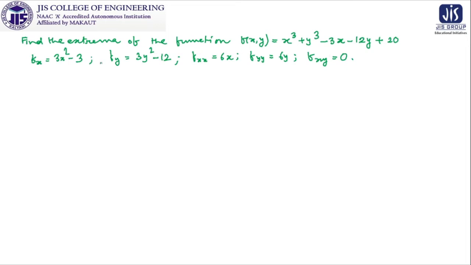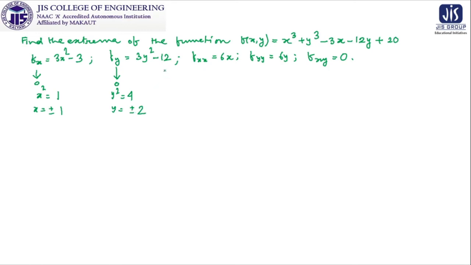Because you can differentiate it with respect to y, or with respect to x, you will get 0. Now for extremum, we have to make fx equal to 0 and fy equal to 0, and this gives us 3x square minus 3 equal to 0, means x square is equal to 1, means x equal to plus minus 1. Similarly, y square is equal to 4, so y is equal to plus minus 2.